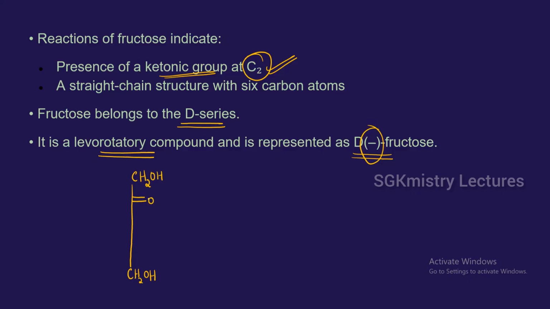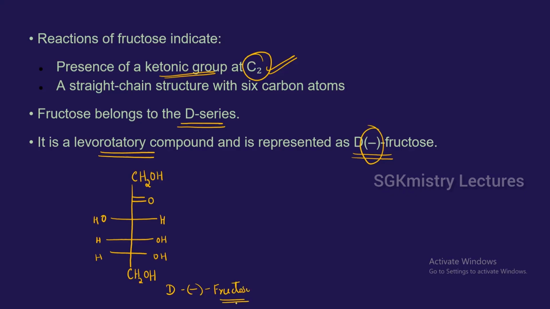So please keep these things in mind before understanding the structure of fructose. Then from the next carbon onwards, the first one will be H on the right side. The other two will be OH on the right side. This is the open chain structure of fructose, that is D minus fructose.